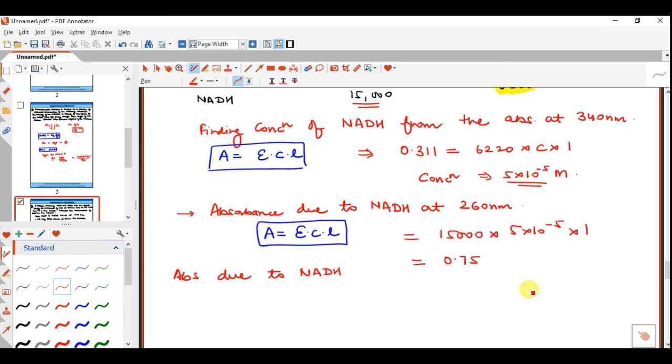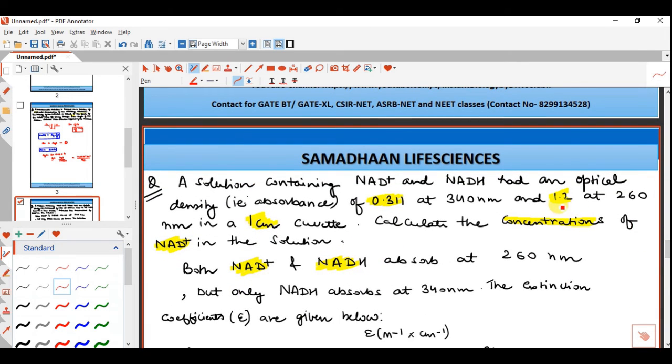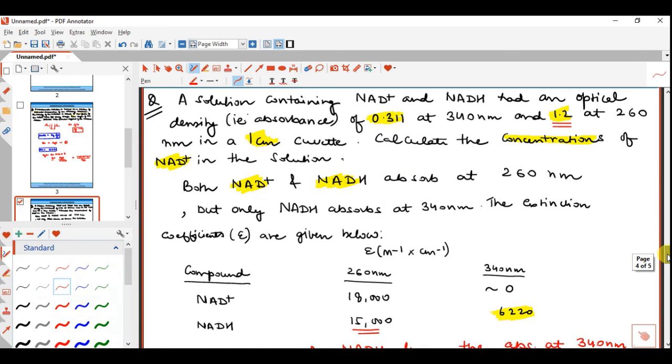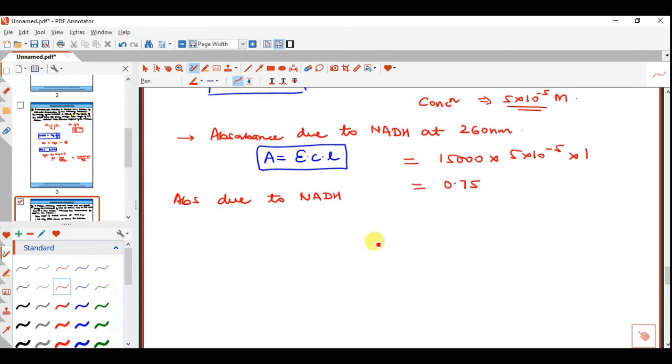Now we already know the total absorbance because of NADH and NAD plus, isn't it? It is written over here. 1.2 was the total absorbance at that wavelength, and that total absorbance was because of NADH and NAD plus, isn't it? So if I want to find out the absorbance because of NAD plus, how can we calculate it?